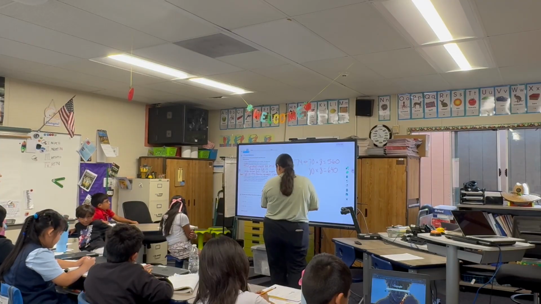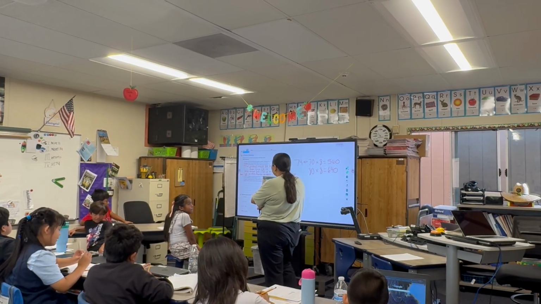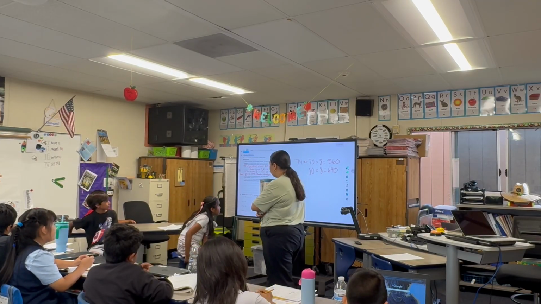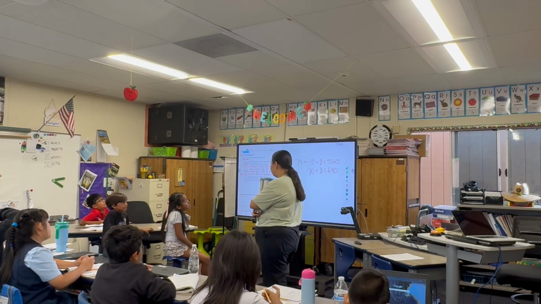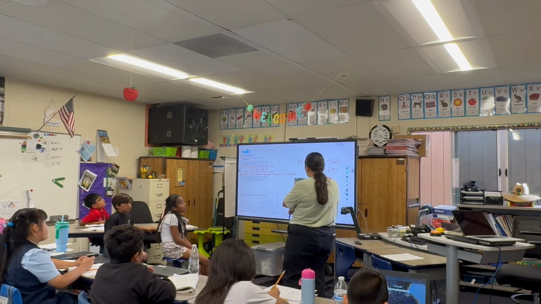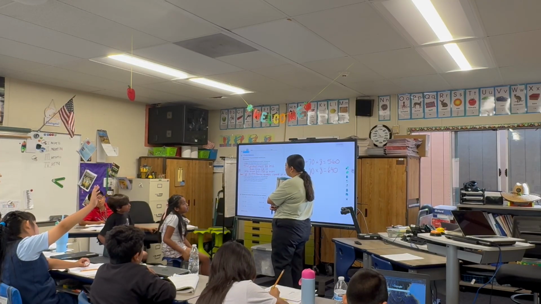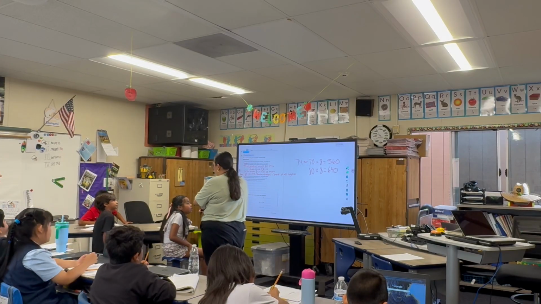So, that being said, which one of these do you think is more of a reasonable answer? I say it's 560. Would it be better to round up or down? Down. Do we need to make sure that we have enough paper? Yes, right.